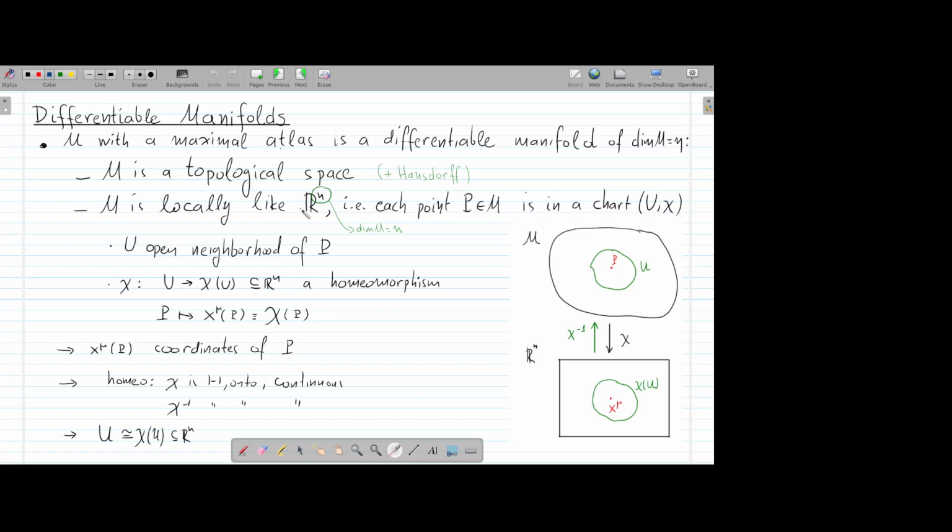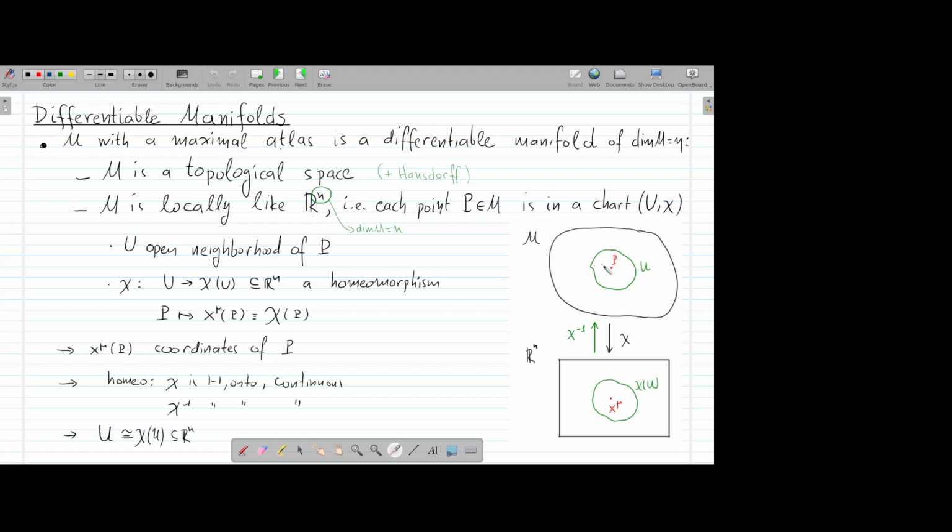This may not be possible to do over the whole manifold, because then it would have been equivalent to Rn. So we require that this happens only on open sets that are locally like Rn.